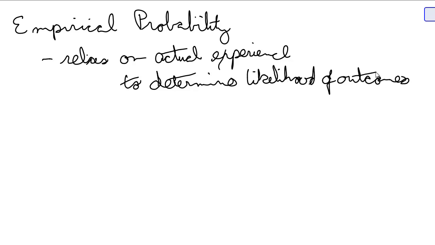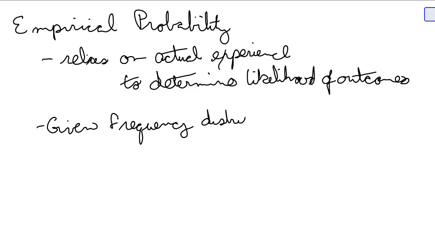So what we're talking about is based on what we already know, what is the likelihood of something going to happen? We've already done some experiments, or we already know something, and most of the time this is when we are given a frequency distribution, because we can look at the frequency of something.